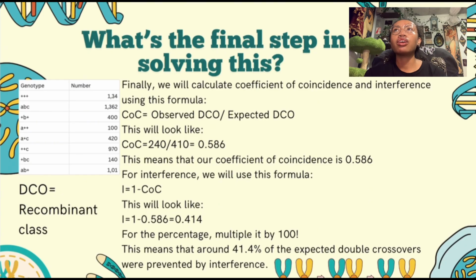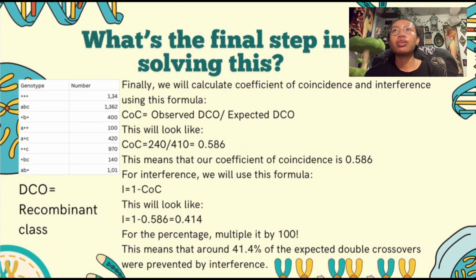Finally, we will calculate a coefficient of coincidence and interference using this formula, COC, which equals observed DCO divided by expected DCO. And this will look like 240 divided by 410, which equals 0.586. This means that our coefficient of coincidence is 0.586.